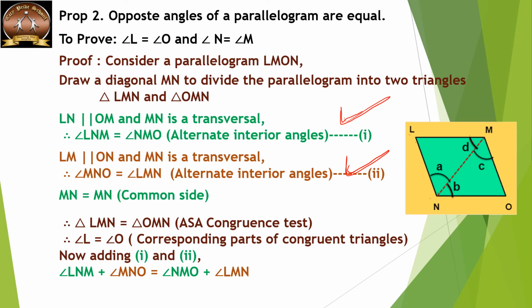So if we see in our figure, angle LNM and MNO comes to angle N, and angle LMN and NMO also comes to angle LMO. So here this will be angle N equal to angle M, and hence we have proved that the opposite angles of a parallelogram are equal.